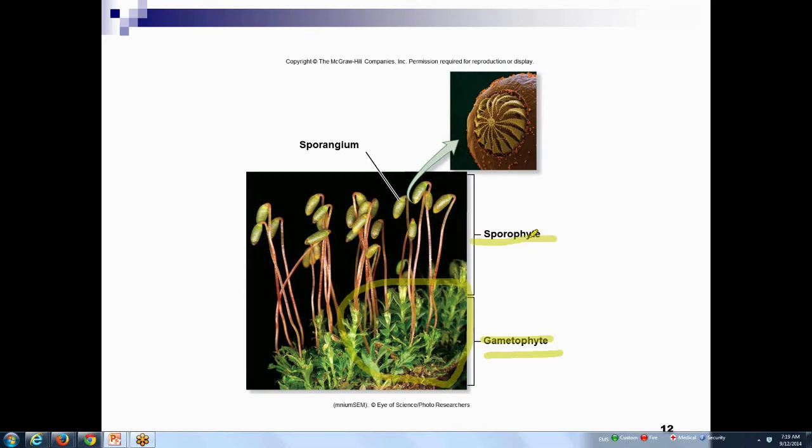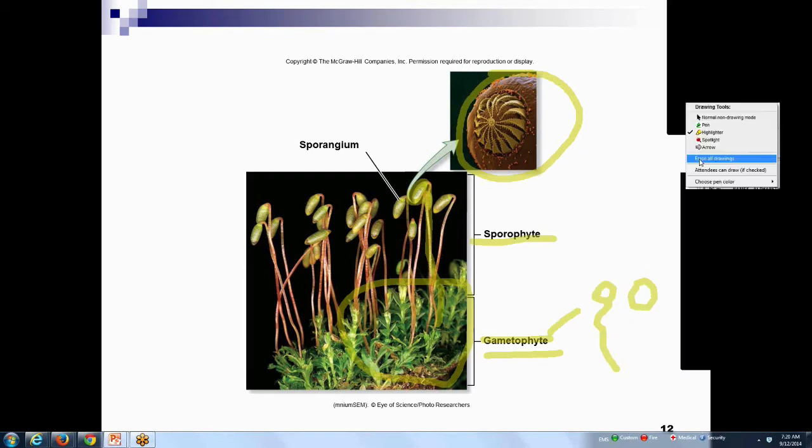And then the sporophyte is this stalk structure that comes up, and at the top of the stalk you have the capsule. And if you zoom in on the capsule, you can see this capsule is filled with spores, hence the name sporophyte. And then the gametophyte, of course, since it's a gametophyte, it will be producing sperm and egg. All right, and we'll talk more about that life cycle in just a moment.